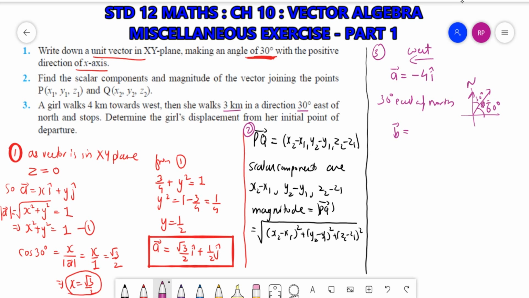So I will take theta equal to 60 degrees. Now I can write this vector B. Its magnitude is 3 kilometers. Let's resolve this into an easier form.